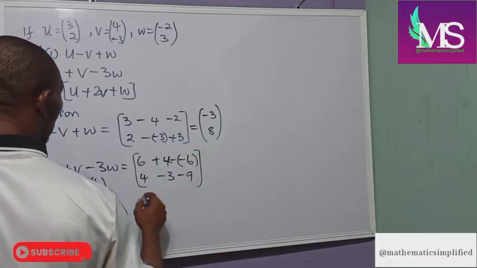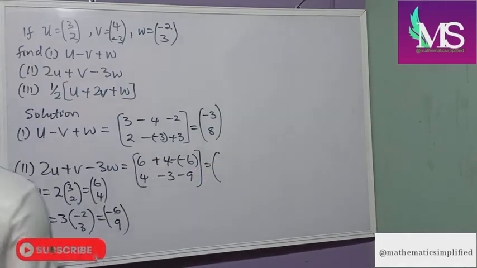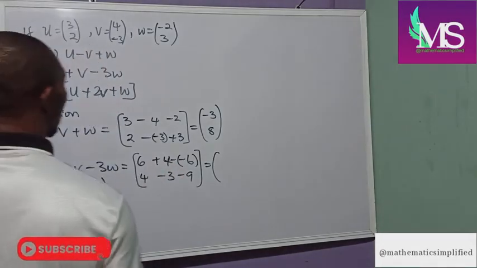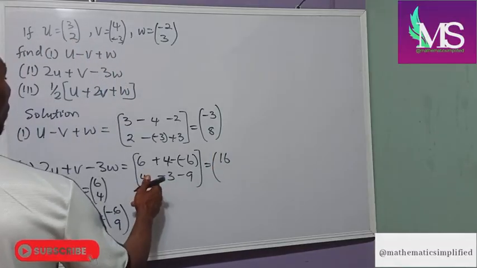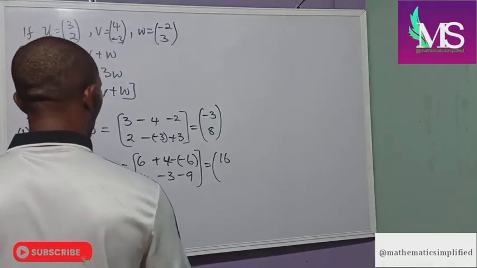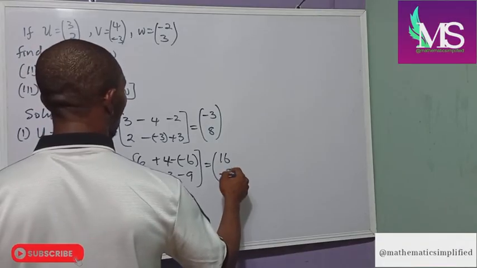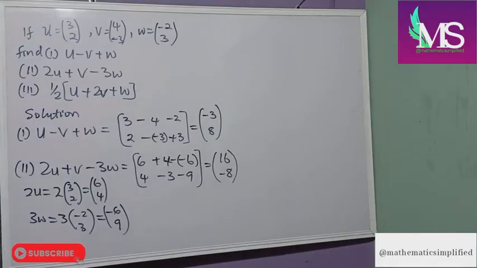So now, expanding this becomes 6 plus 4, 10, minus minus 6, plus 10 plus 6, 16, and 4 minus 3 is 1. 1 minus 9 will give us minus 8. Okay, that's for our second part.